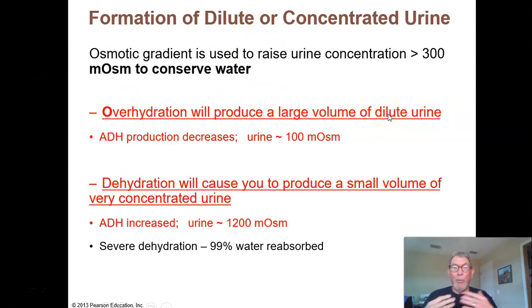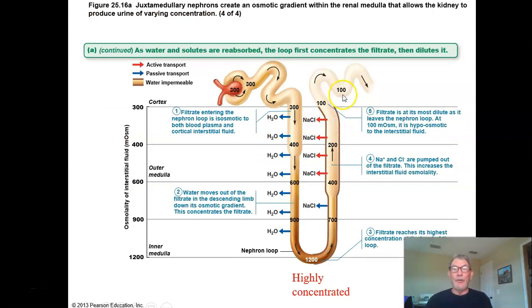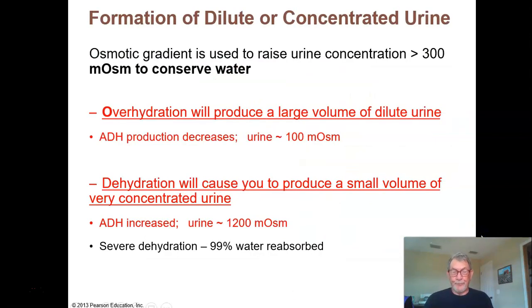You'll pee a whole bunch of dilute urine. If ADH production goes up, you retain water. If ADH production goes down, you pee a whole lot. It can be as dilute as 100 milliosmoles per liter. Remember, that's as dilute as it got. So if you close all the aquaporins, you'll pee out really dilute urine, and a lot of it, called diabetes insipidus when that happens.